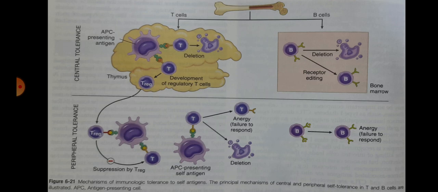Now, in developing T cells, random somatic gene rearrangements generate diverse TCRs.